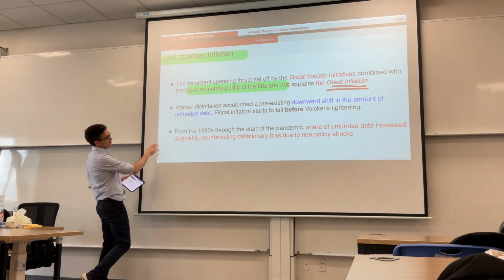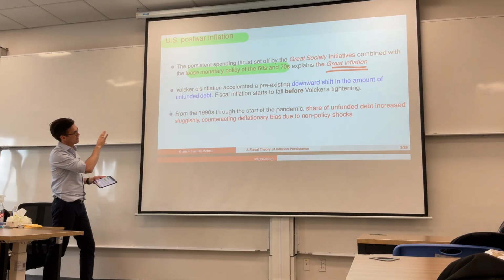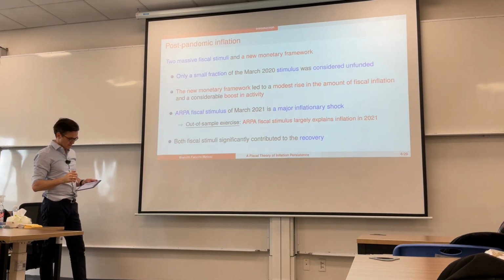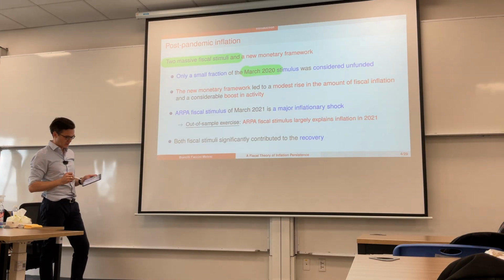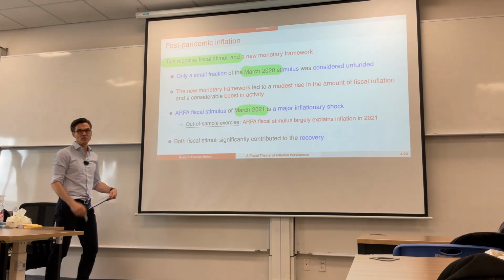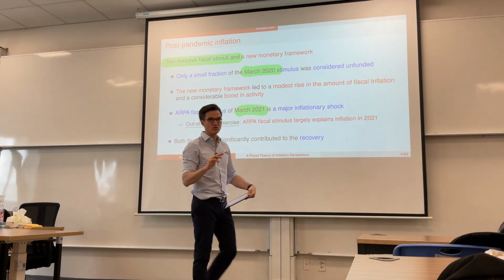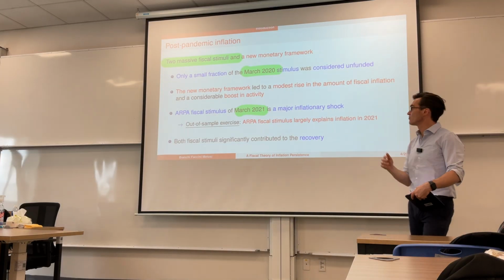Then there was a relative phase of tranquility, right? The 90s were tranquil. There was not so much action there, but then there were two other massive fiscal stimuli in the United States in recent years. One massive fiscal stimulus was in March 2020, and the other one was in March 2021, both related to COVID, the epidemic, and the COVID recession.